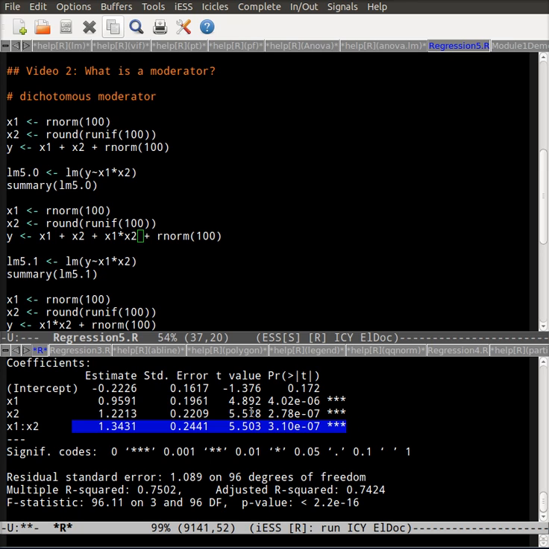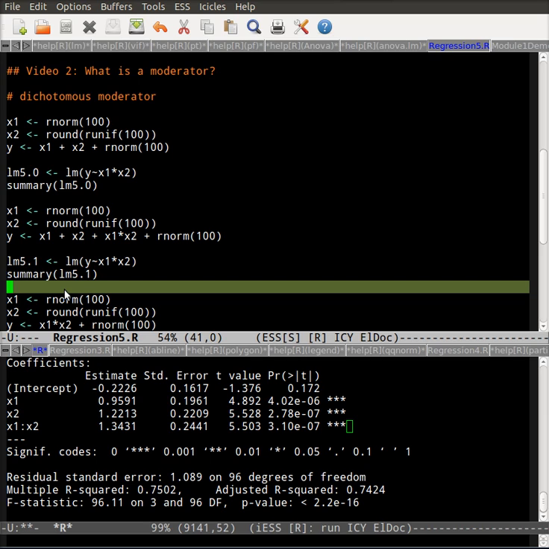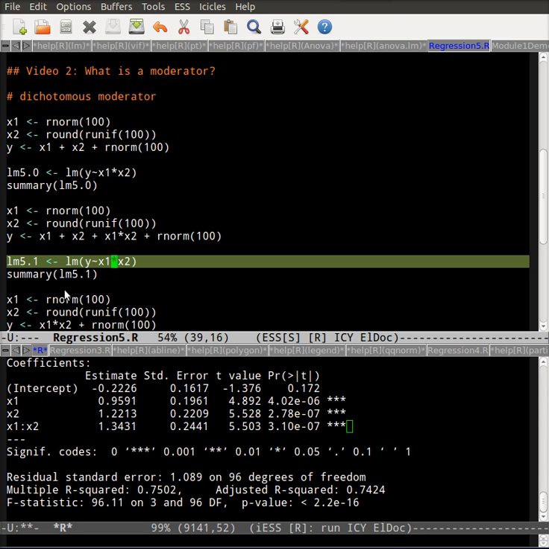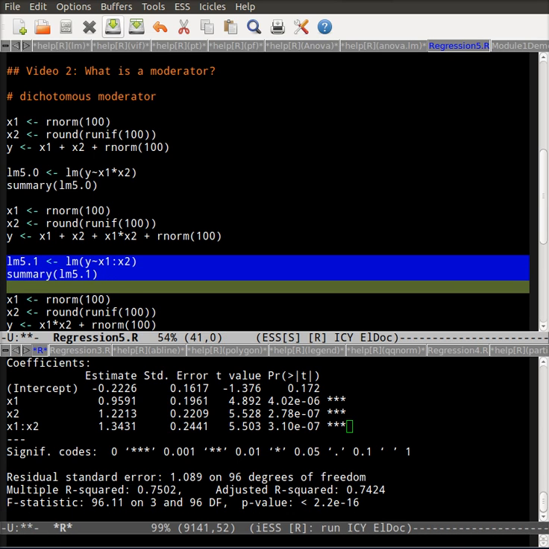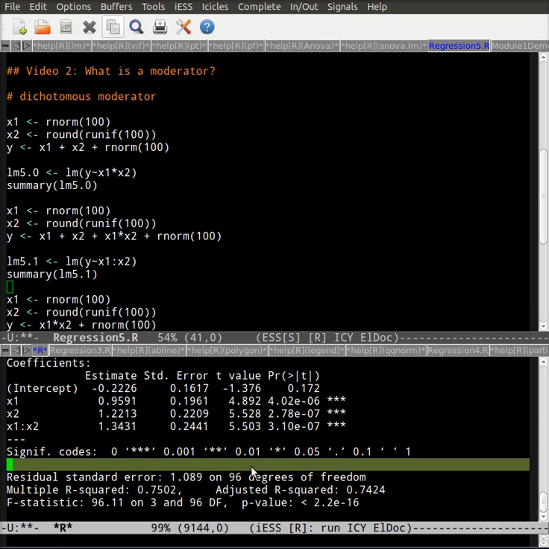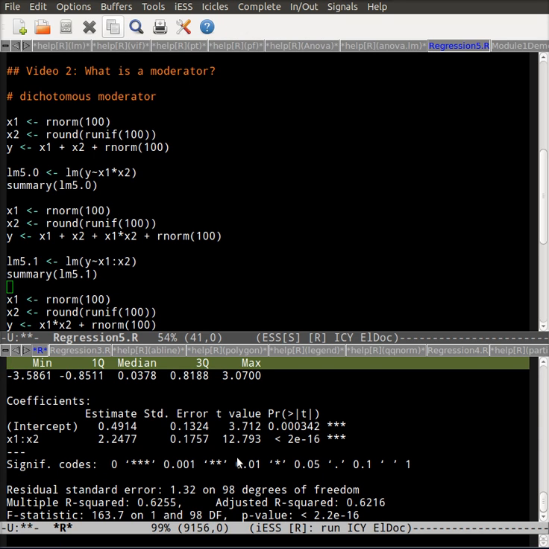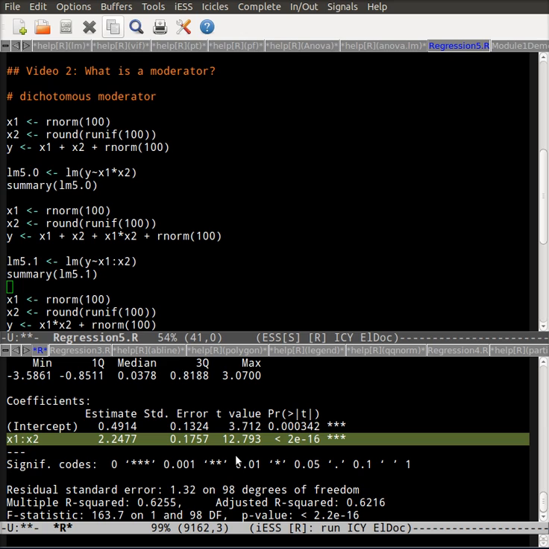So even if I modeled this and I chose not to include the main effects at all, this is what I would get. I would get a significant interaction alone, and because I've modeled only the interaction and not the main effects, I would have a significant predictor.